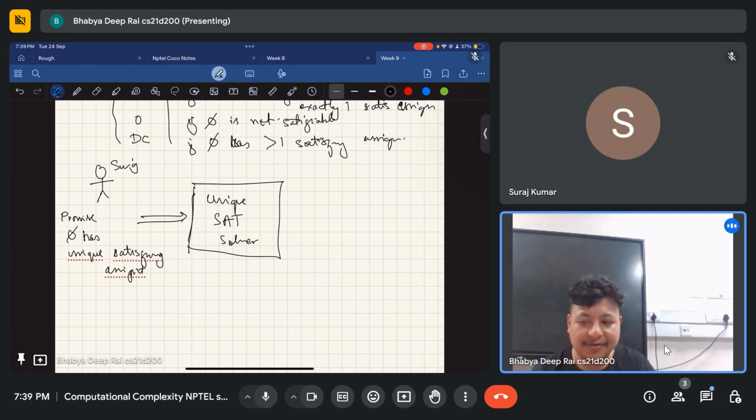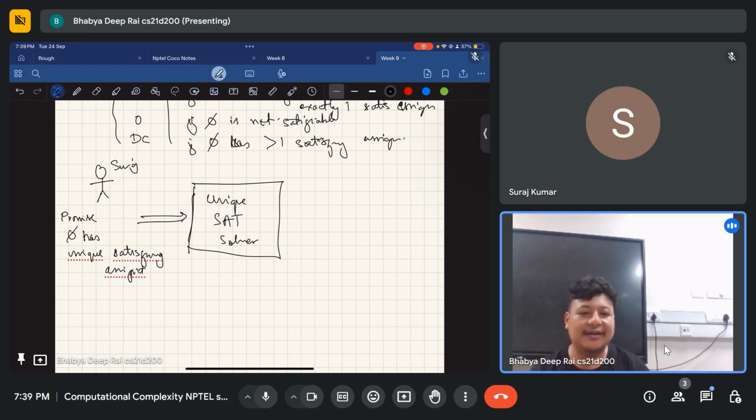It cannot be that you promise me and then the promise is not fulfilled. So at the end I need to check satisfiability only, but the promise is that whatever you give me, that phi has a unique satisfying assignment.